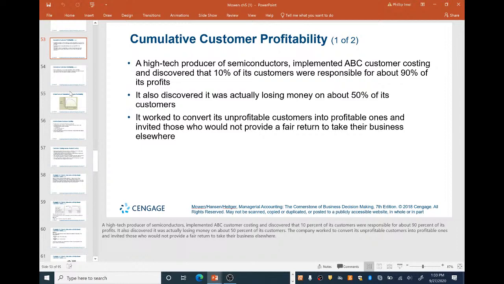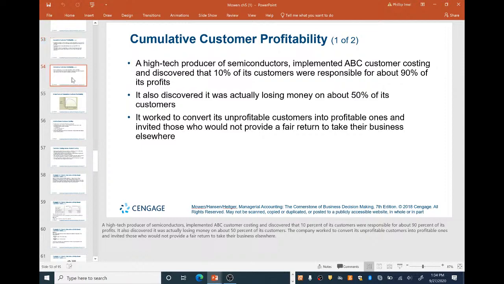They also discovered it was actually losing money on about 50% of its customers. So about half of their customers were actually costing this company money, as opposed to making it money. So it ultimately worked to convert its unprofitable customers into profitable ones, and invited those who would not provide a fair return to their business to become a customer of another business.